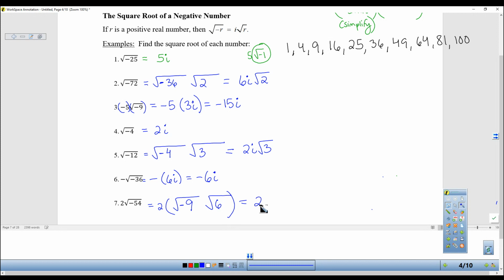So then I get 2 times 3i times the square root of 6. And the parentheses aren't really necessary for that. I put them here because I didn't want you to think it was 23, because it's actually going to be 6i square roots of 6. That's how you take the square root of a negative number.